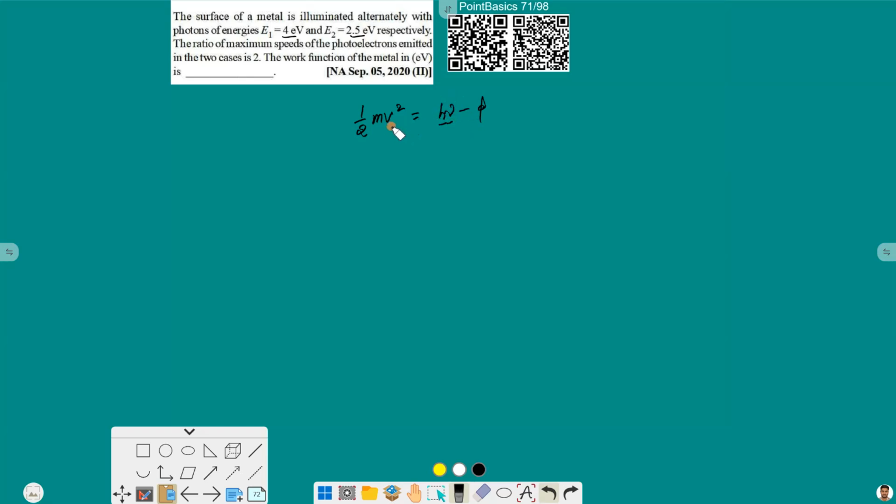So here we have the ratio of speeds. So let us write it in the ratio form. So half m v2 square divided by half m v1 square, and here we will get 4 minus phi divided by 2.5 minus phi.